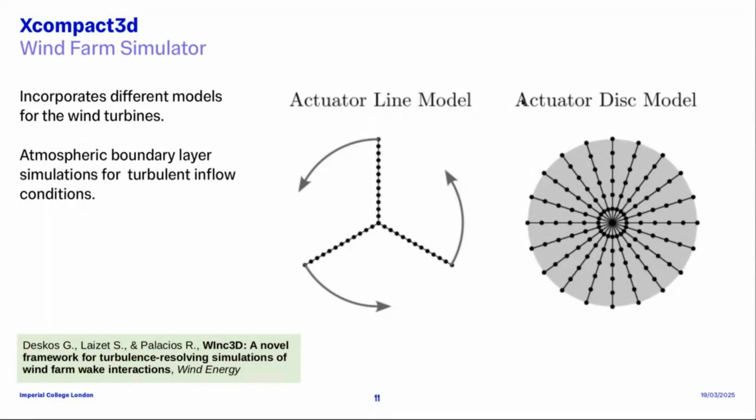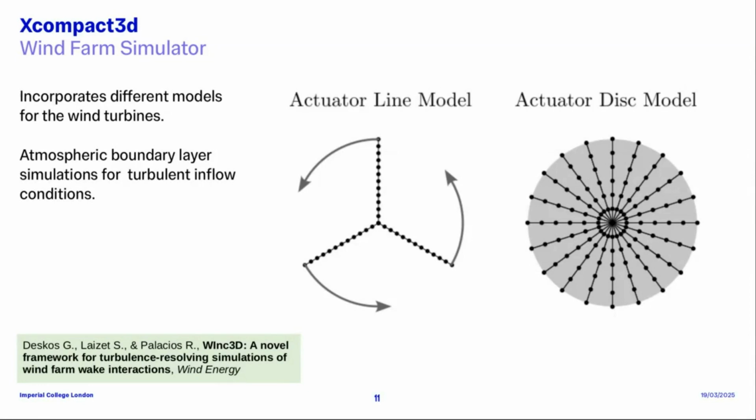The actuator disk model is a simpler model that doesn't move the blades individually, but instead models the effects of the wind turbine as a porous disk located over the swept area of the turbine blades, and imparts the force of the blades as a time averaged effect over this disk.